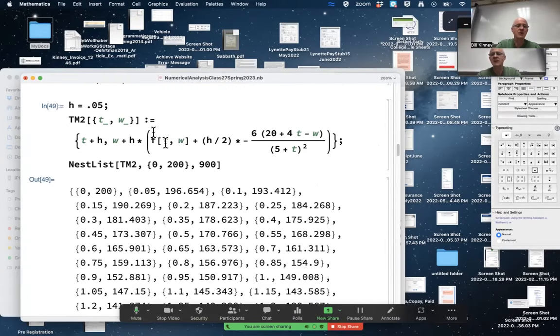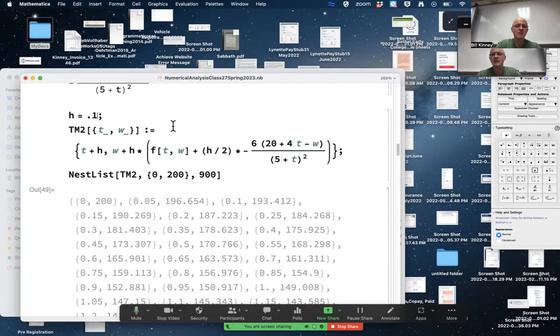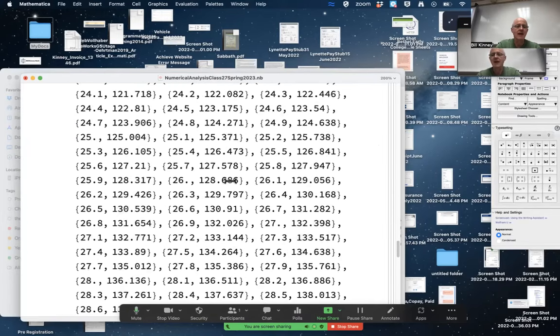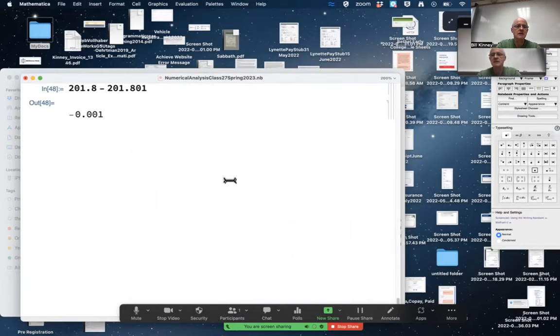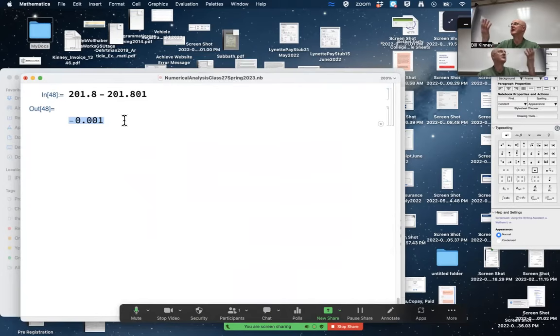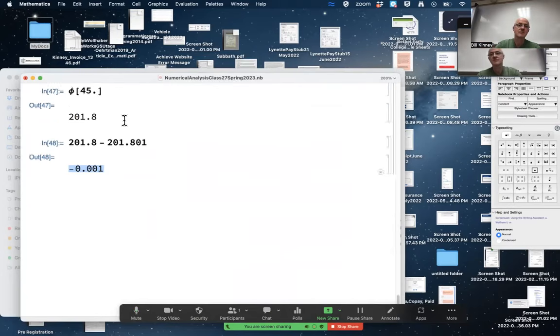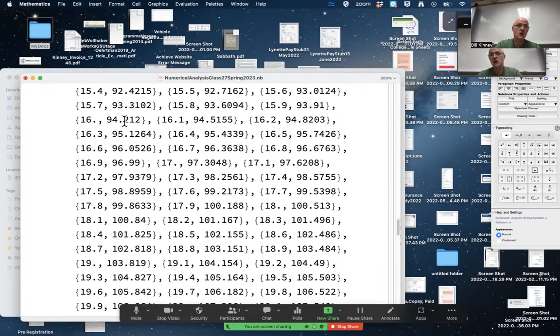Let's let h increase. So here again was what we got when h was 0.1. We got an absolute error of 0.001. So if I doubled h, that's going to make the error worse, bigger.